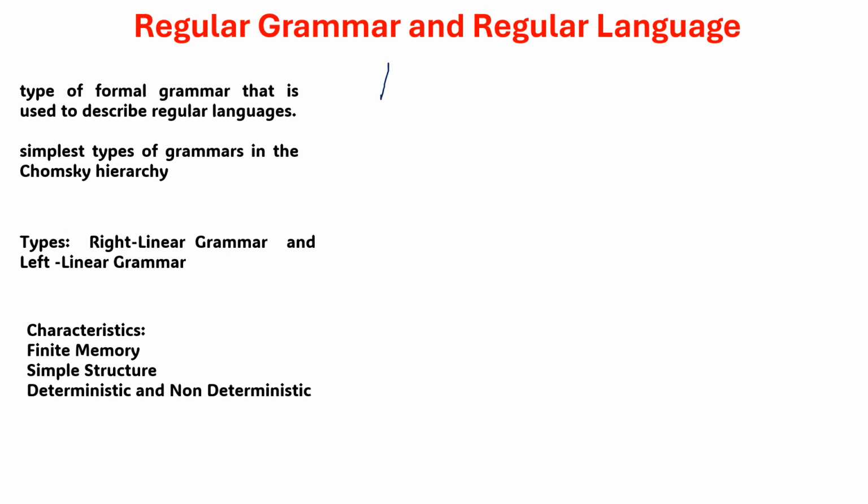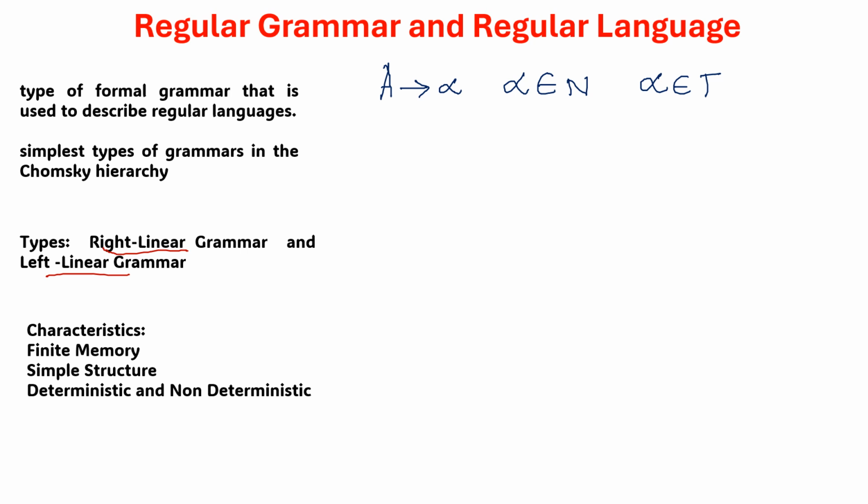Generally we have grammar rules of the form A tends to alpha. Here the alpha belongs to non-terminal and terminal symbols. We have two types, left linear and right linear.